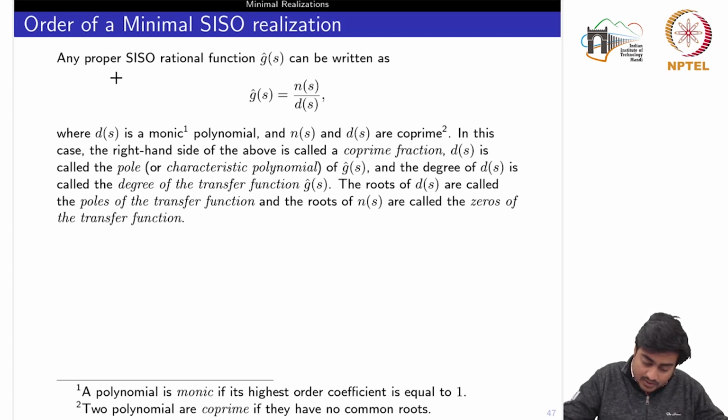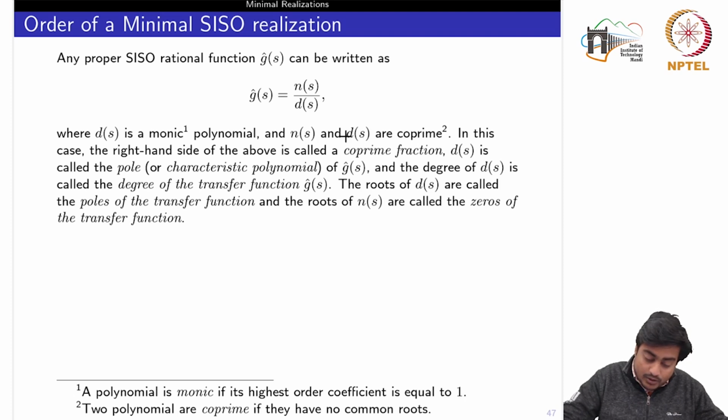we will first recall some basic definitions which we also discussed in the previous weeks. Any proper rational function g hat can be written as the ratio of two polynomials, the numerator polynomial and the denominator polynomial, where d of s is a monic polynomial, and a polynomial is monic if its highest order coefficient is equal to 1, and both polynomials are coprime.